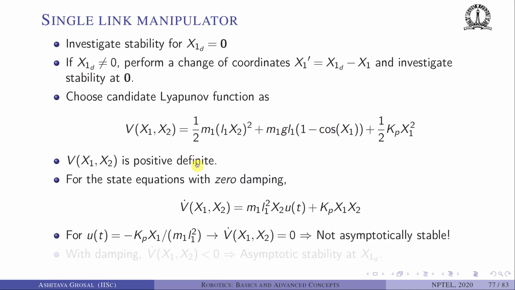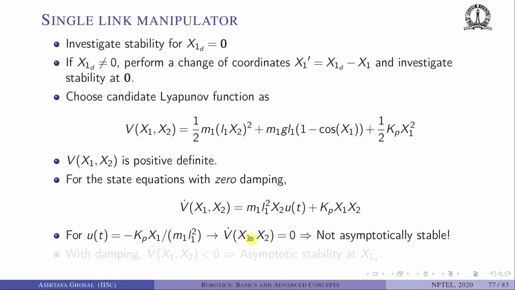Okay, so again with state equations with zero damping, we can show that V dot of x is m1 L1 squared x2 into (u of t plus Kp x1 divided by m1 L1 squared), and for u of t equal to minus Kp x1 divided by m1 L1 squared, V dot of x is 0. Okay, so we are using proportional controller and V dot of x is equal to 0. So again it is not asymptotically stable.